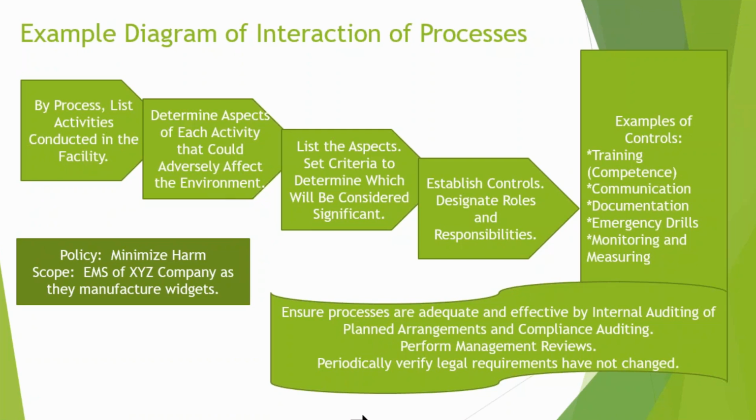I then establish controls, designate roles and responsibilities. Examples of controls might be training. I must make sure that certain people are competent. Communication may be a control I use. Documentation might be a control I use. Emergency drills. Even monitoring and measuring.